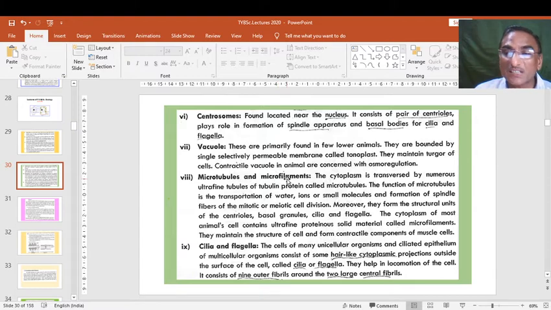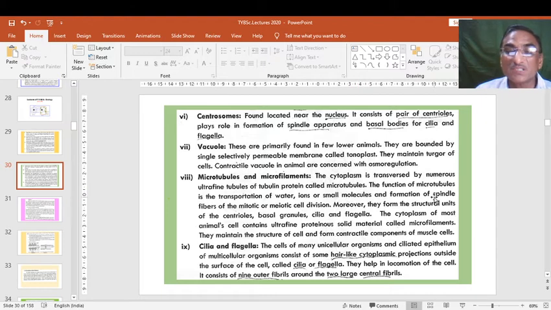The eighth is microtubules and microfilaments. The cytoplasm is generally traversed by numerous ultrafine tubules of a tubulin protein, called microtubules.